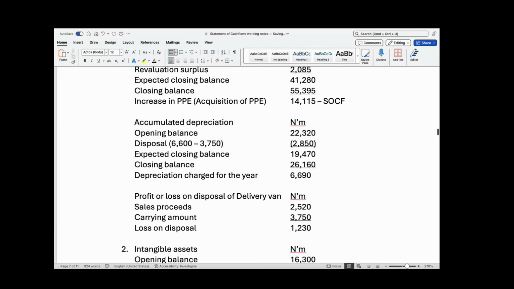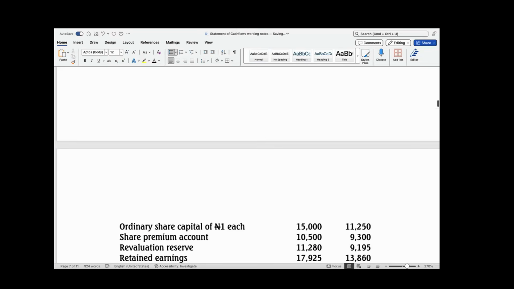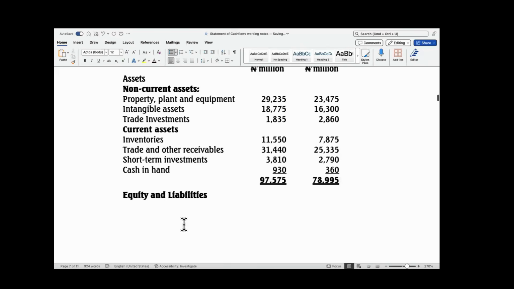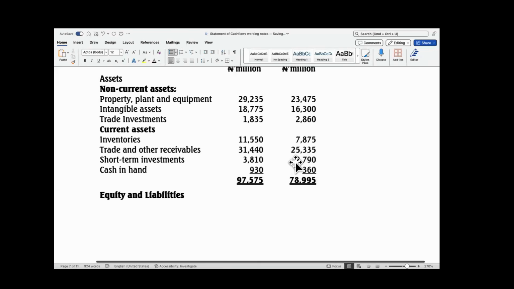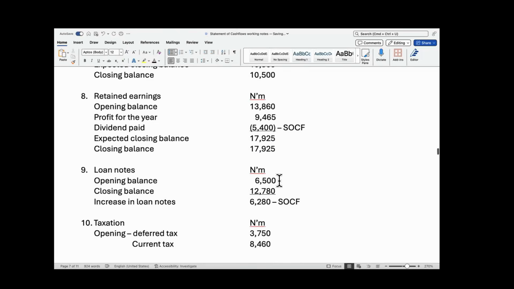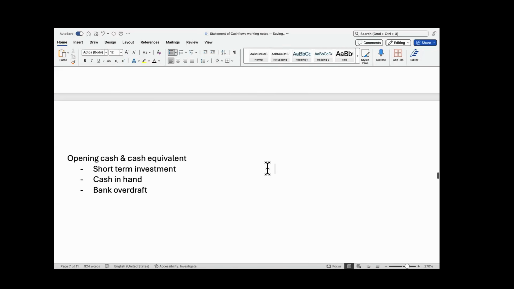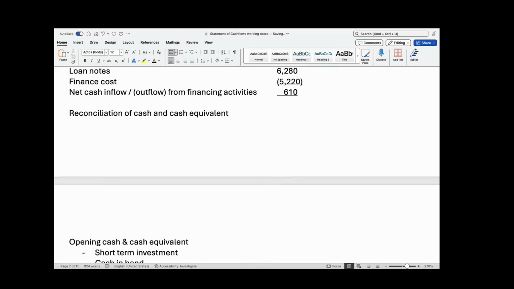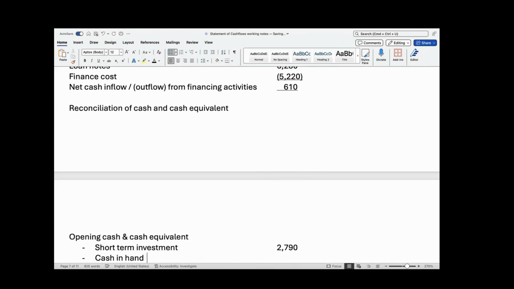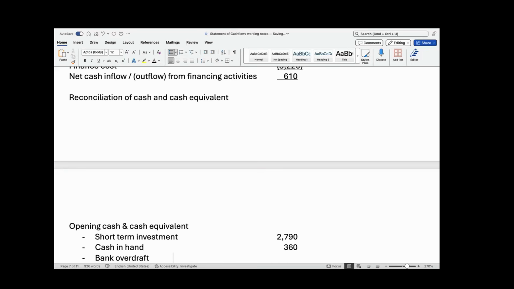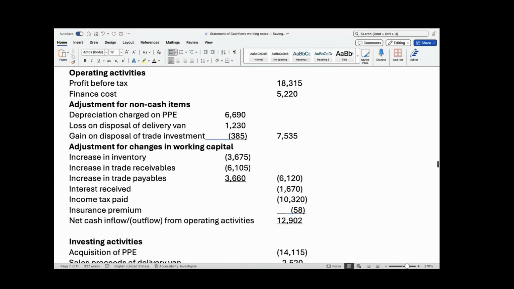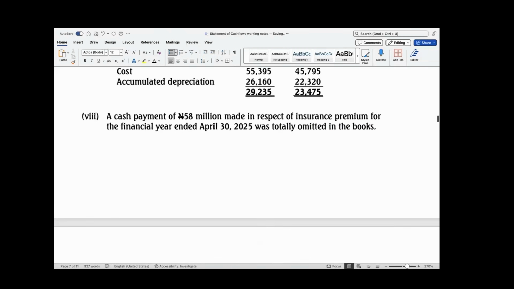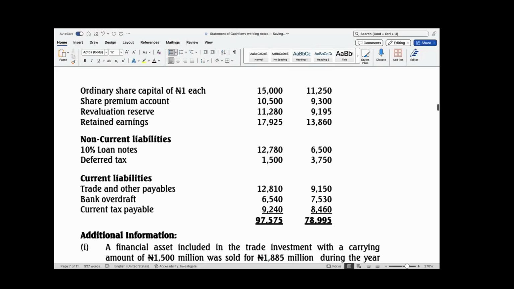In our statements, short-term investments at the beginning is 2790, cash in hand is 360. So 2790 and 360. Bank overdraft will be in brackets because it is a liability, it's an outflow.